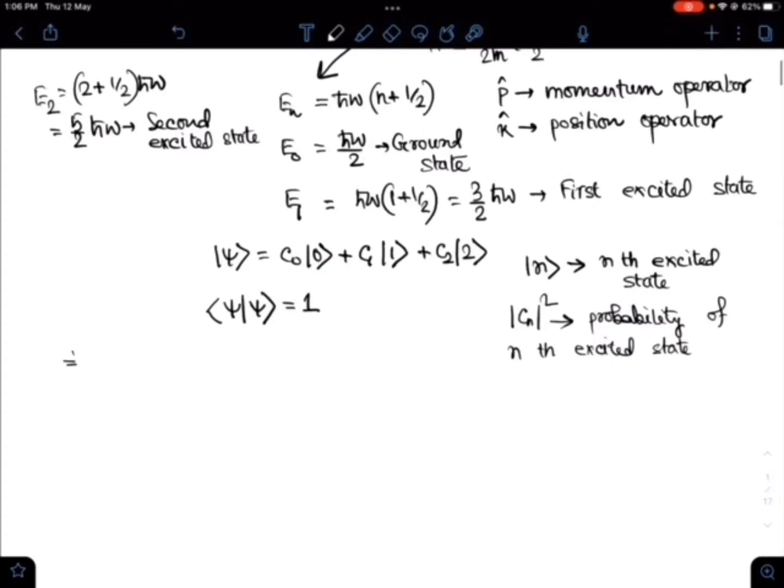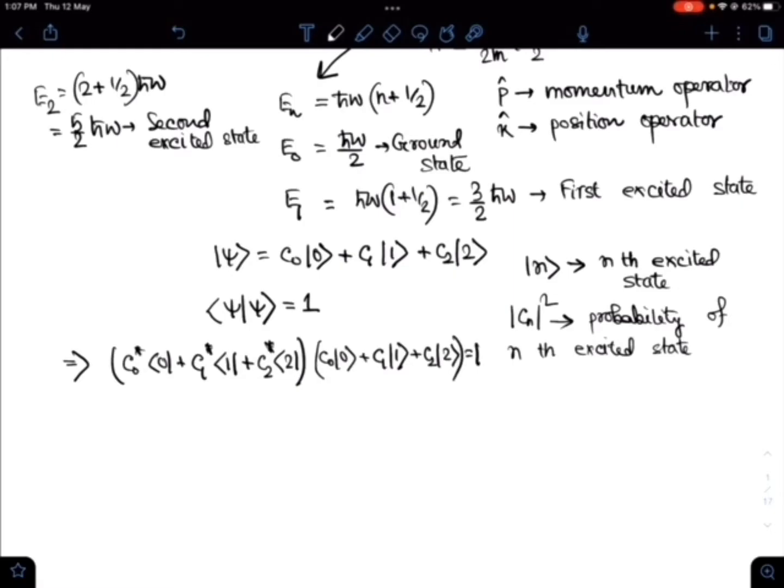If we calculate this, we get C0 star <0| plus C1 star <1| plus C2 star <2|, where the stars represent the complex conjugates of C0, C1 and C2, times psi, which is C0 |0> plus C1 |1> plus C2 |2>. So this should be 1.